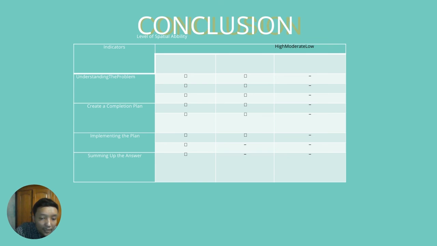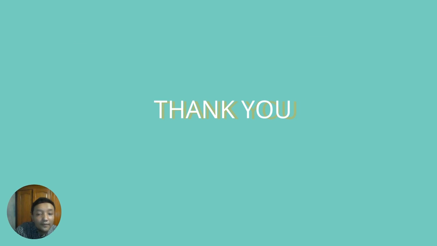Students with high spatial intelligence meet all the indicators given. Students with moderate spatial intelligence have not completed all the indicators given, while students with low spatial intelligence only explain a little of the indicators that have been given.